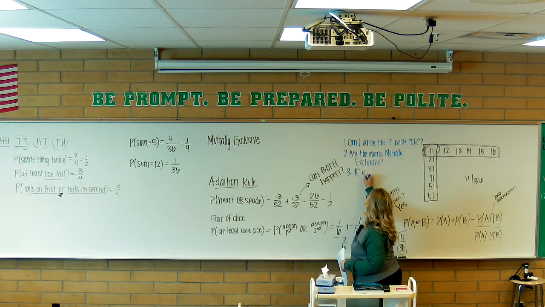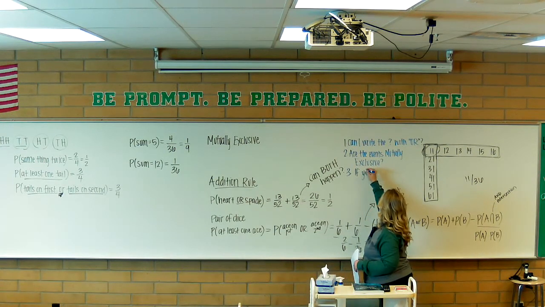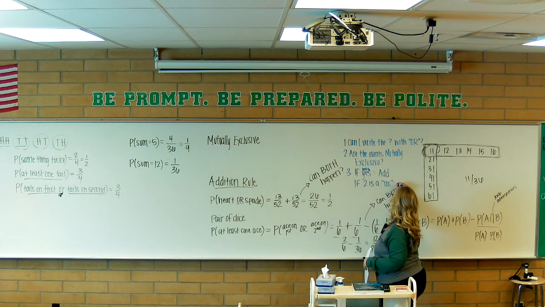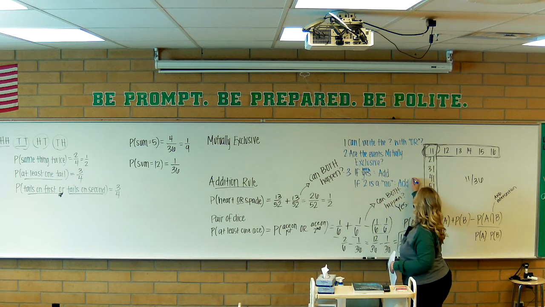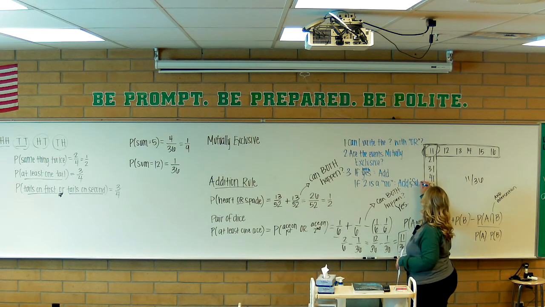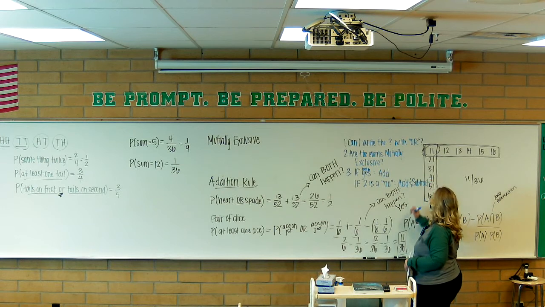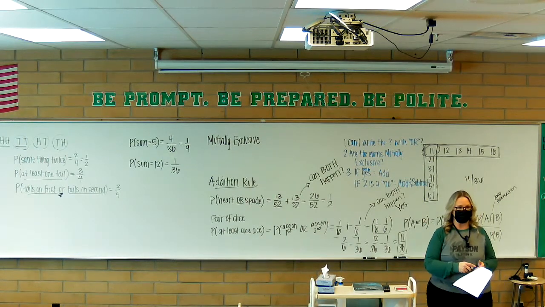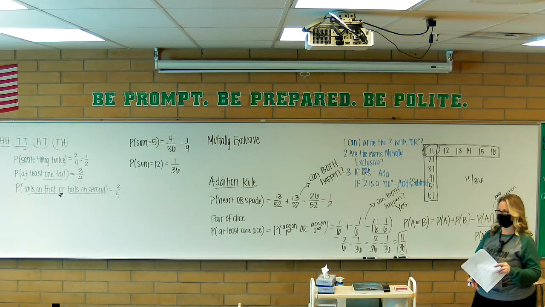So if they are both yes, just add. But if 2 is a no, you have to add and what else? And subtract. You have to add the probabilities together, but then subtract off any overlap that would exist between those two probabilities.